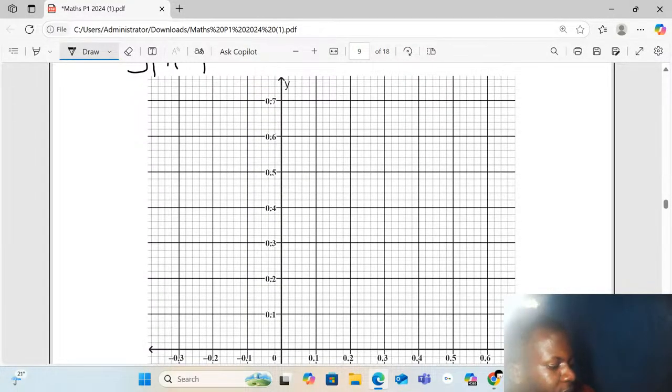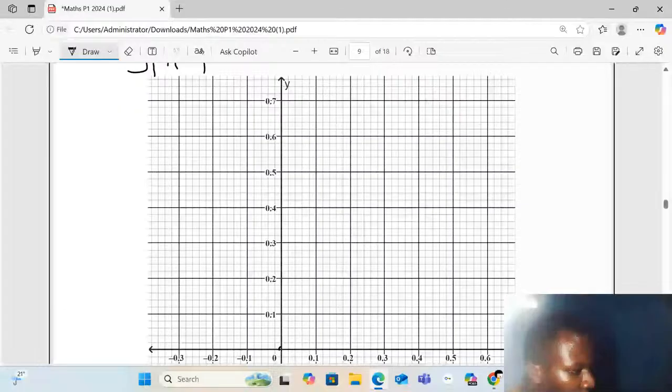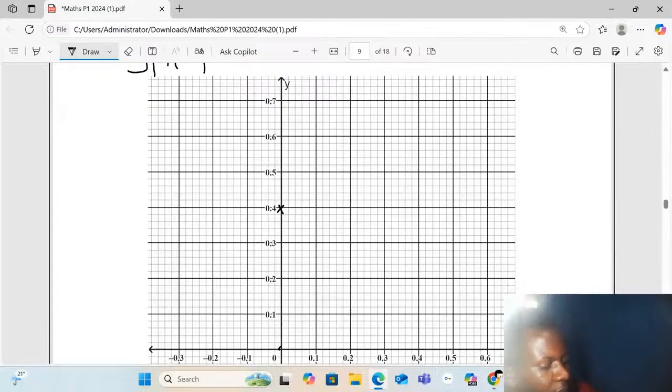Now we start with 2x plus 3y equal to 1.2. When x is 0, y is 0.4. So we move up to 0.4, where we have 0.4, you make a mark there. Then when x is 0.6, y is 0. So x 0.6 is somewhere here, y is 0 there.